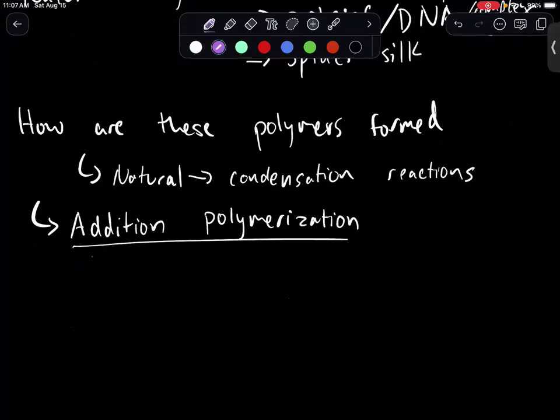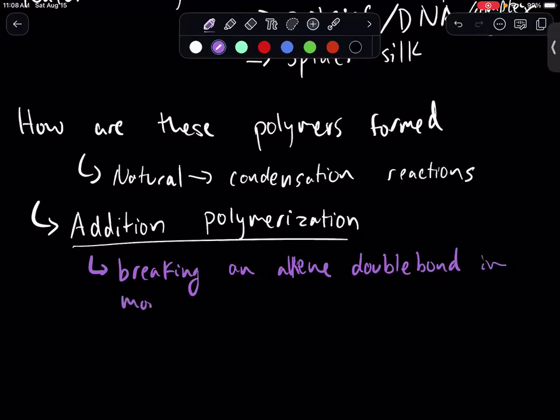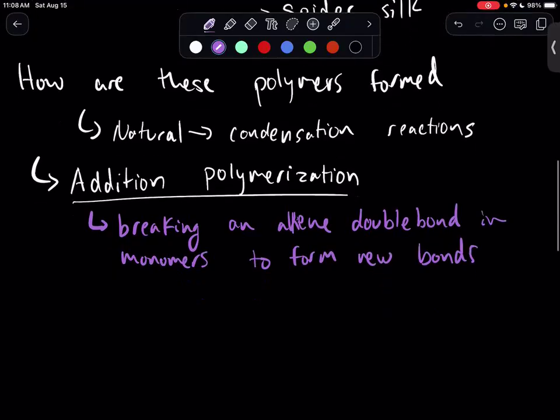In addition polymerization, what we're basically doing is we're breaking an alkene double bond, just like in electrophilic addition of alkenes, in monomers to form new bonds. But instead of forming bonds with like hydrogen or a halogen or a hydroxide, we're just forming bonds with the one next to it.